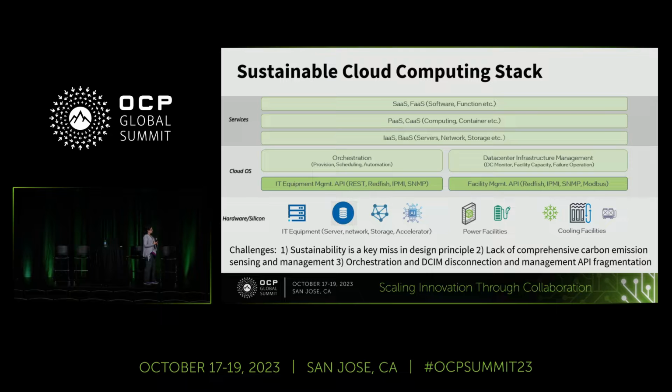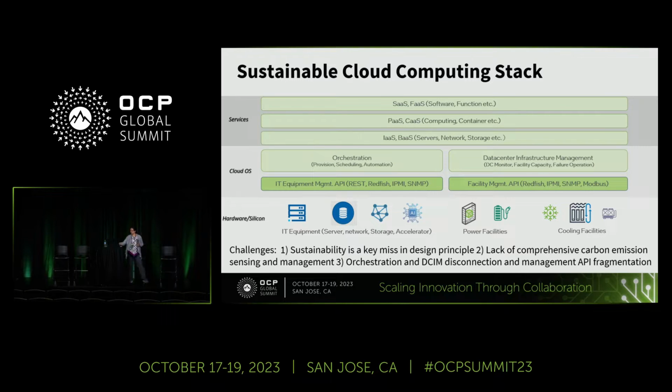It lacks a comprehensive monitoring or managing capability where you can monitor the power efficiencies or carbon emission. There is a disconnect between the DCIM and the orchestration layer. They are on two different protocols or topologies and architecture. Sustainability is not the priority in today's native cloud computing stack.